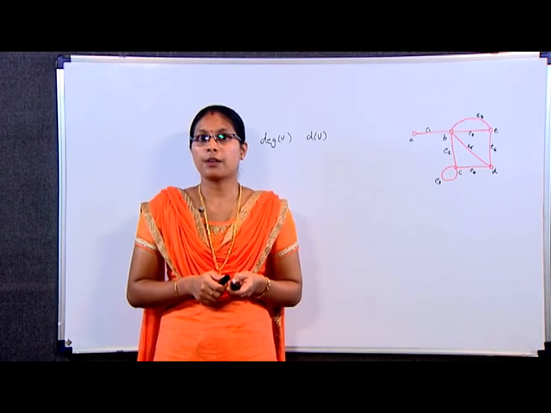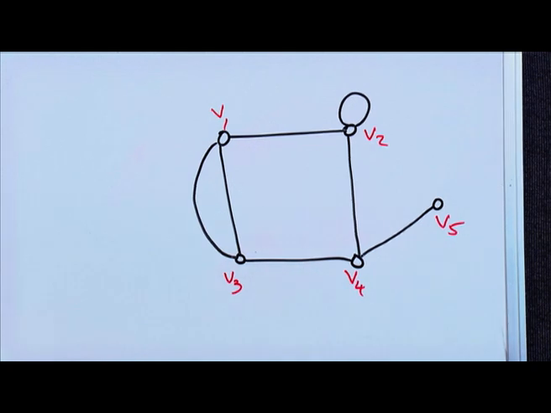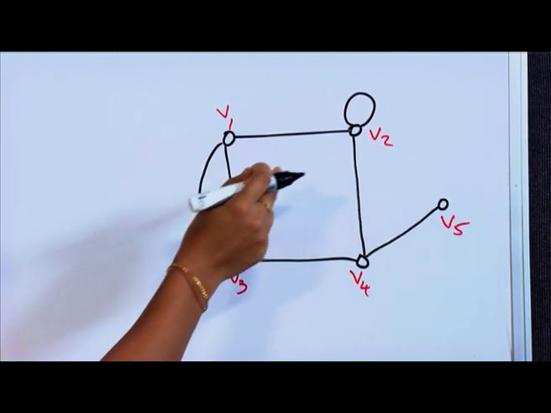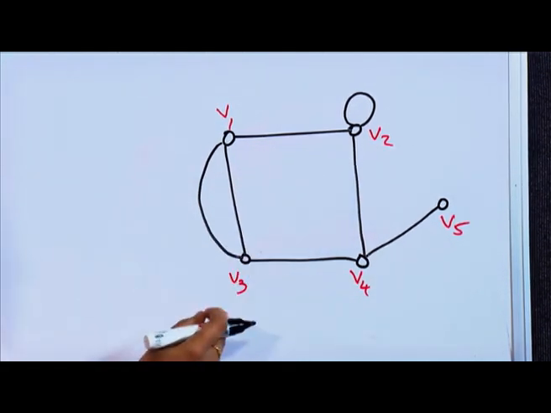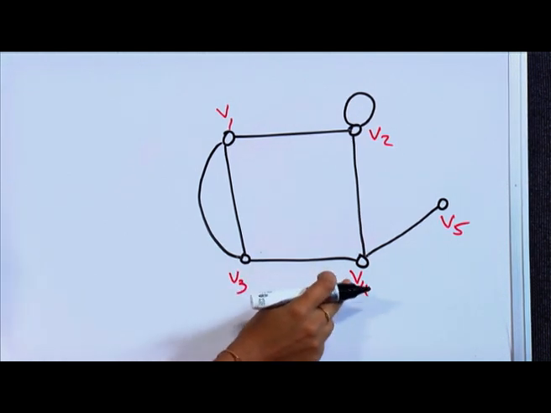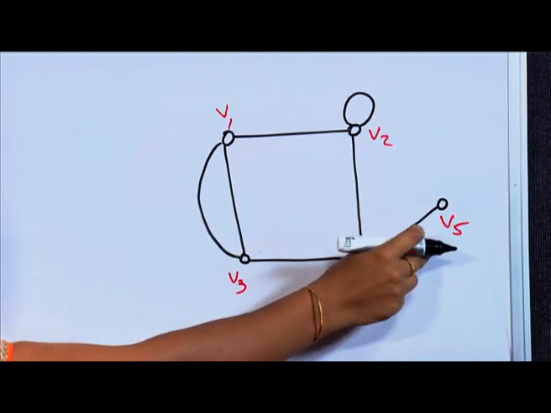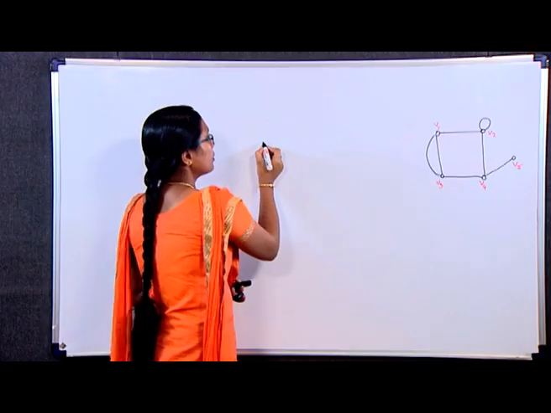For the next graph G, here degree of V1 equal to 3, degree of V2 equal to 4, degree of V3 equal to 3, degree of V4 equal to 3 and degree of V5 equal to 1.